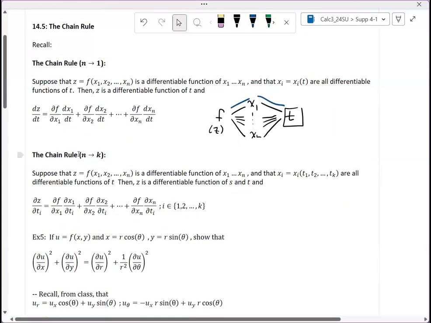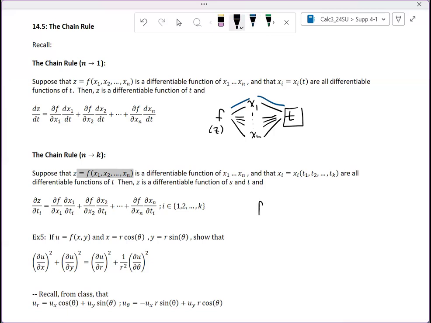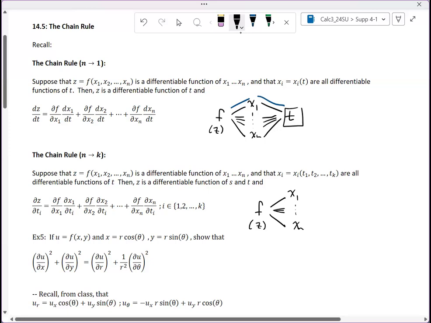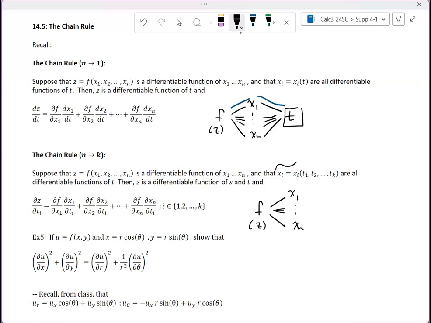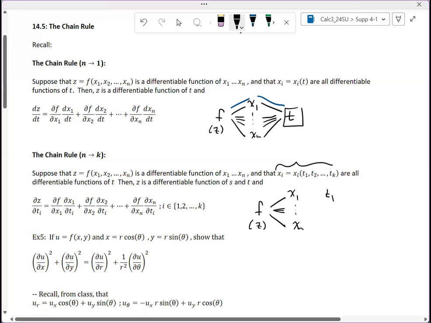And similarly, the chain rule n to k, so to speak, where we have n intermediate variables. So f depends directly on x1 through xn, but also our intermediate variables depend on several independent variables, t1 through tk.